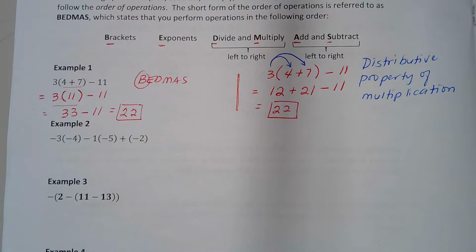Any theory? Any idea? It becomes part of the algebra, right? Because when we get into the algebra part, linear functions, we will talk about that. We're going to say 3x plus 4, right?